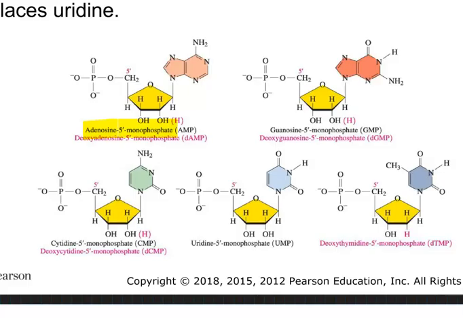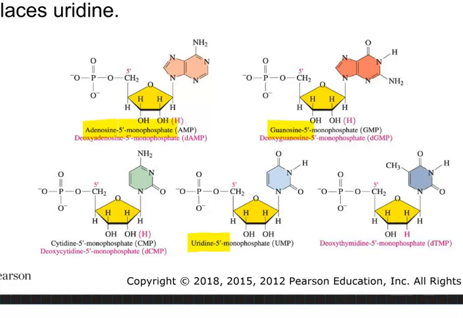Based on the fact that we use monophosphate, you can easily imagine that there can be di and triphosphates. We're going to talk about that as well. We doing all right so far? So you can move on and talk about guanosine 5' monophosphate, uridine 5' monophosphate, and so on and so forth.